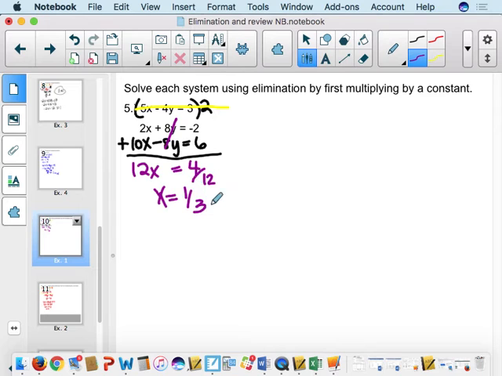So we have our first equation here. This is x equals 1/3. Let's go ahead and plug that into this bottom equation here. So it's going to be 2 times 1/3 plus 8y equals negative 2.